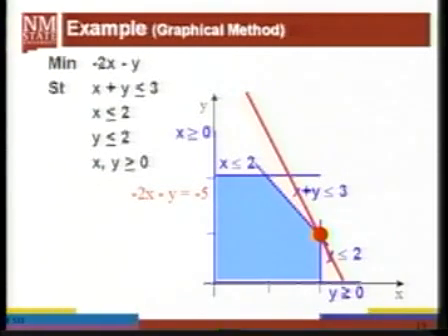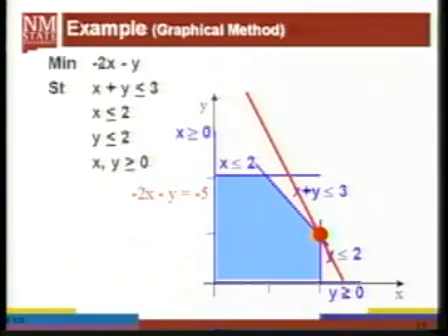Which means after this point, the iso value line will no longer intersect the feasible region. So we may conclude that the optimal solution has been found with g equals negative 5, with x equals 2 and y equals 1, right?